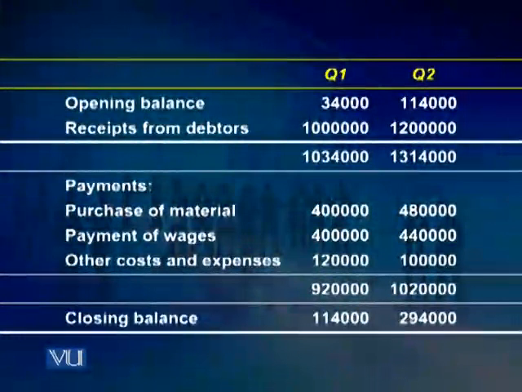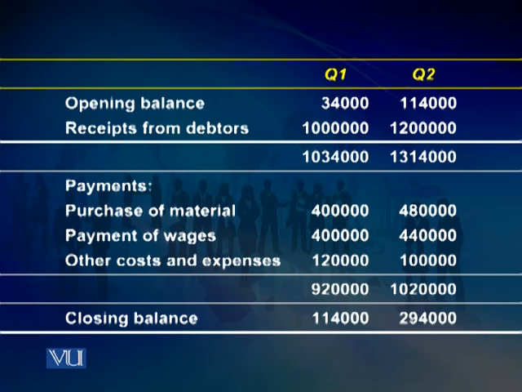Similarly, for quarter 2, we find the opening balance, which is the closing balance of quarter 1, is 114,000. The information on receipts from debtors, 1,200,000, which gave 1,314,000 as the receipts or inflows. Payments for purchase of materials, quarter 2, 480,000.